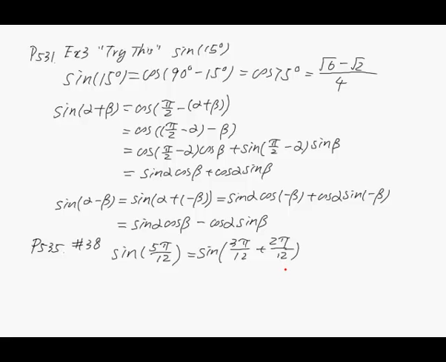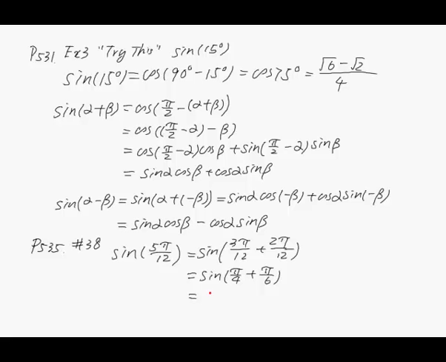And these are the two most common angles, right? So now we get the sine of pi over 4 plus pi over 6. Then we can use the sine of a sum to find the exact value.